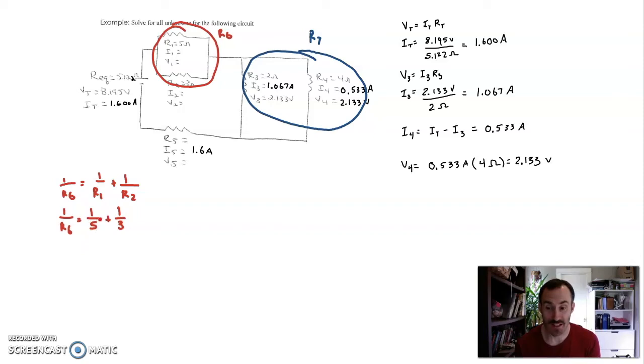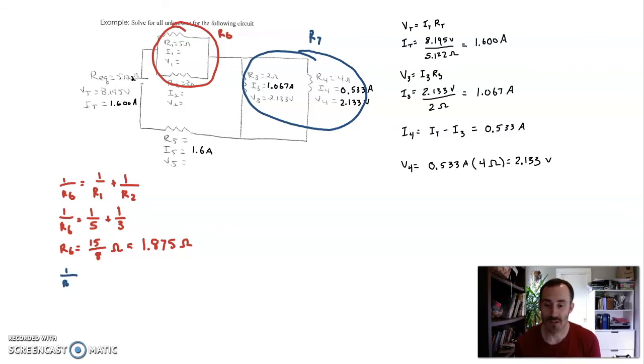So when I add this together I get 8 over 15, and 15 over 8 is R6. But since I'm doing everything to 3 decimal places, I'm going to convert that to a decimal with 3 decimal places. That's 1.875. Okay, so that's R6.